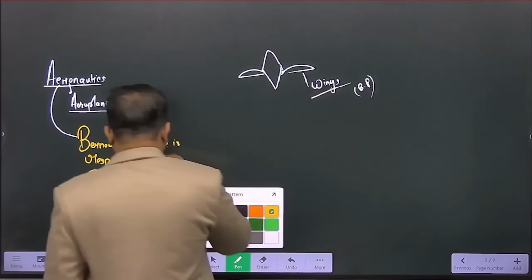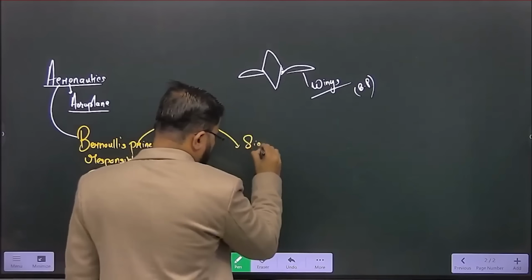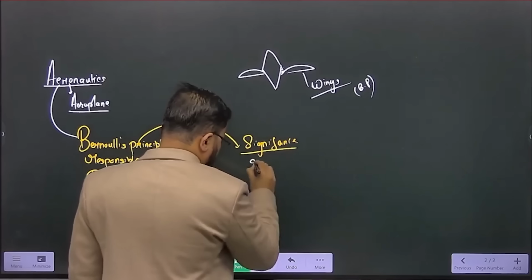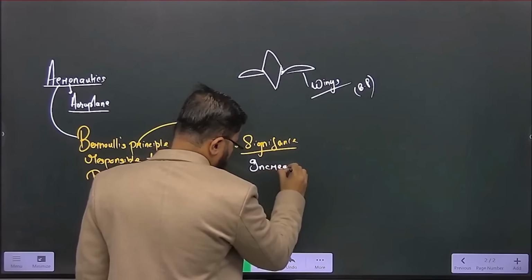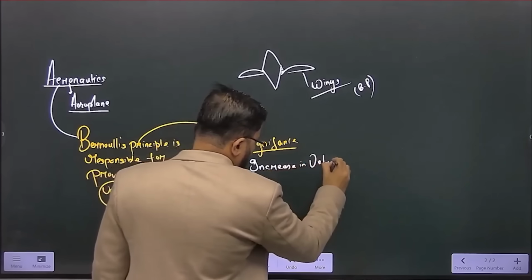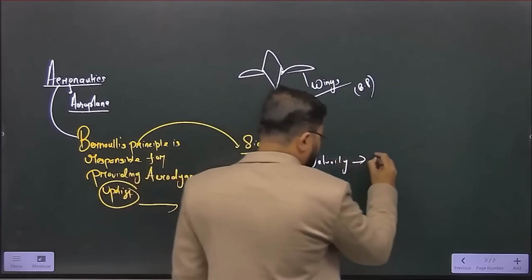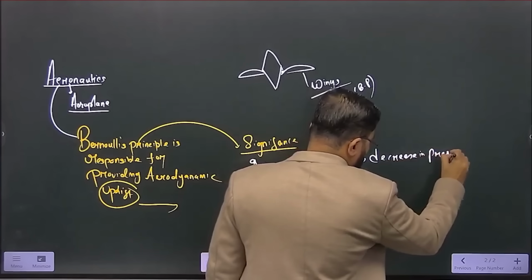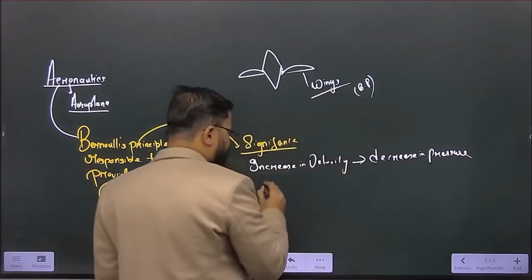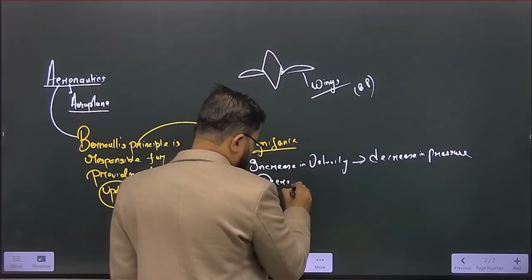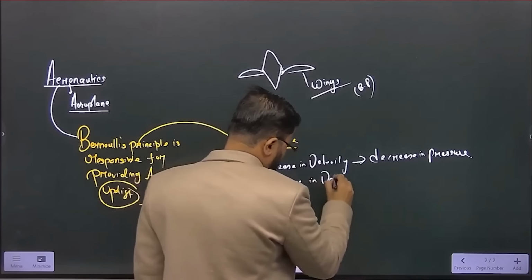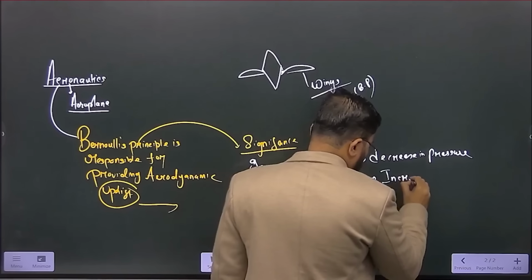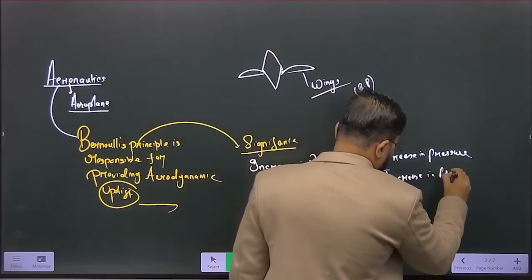As I have just discussed, when you talk about the significance or relevance of it, it says that an increase in velocity will lead to a decrease in pressure. And on the other hand, if there is a decrease in velocity, it will produce an increase in pressure.